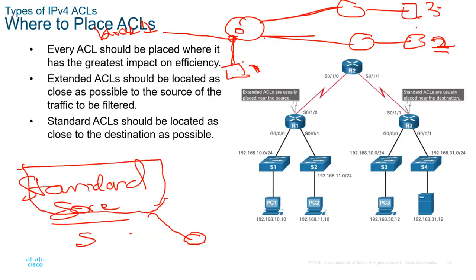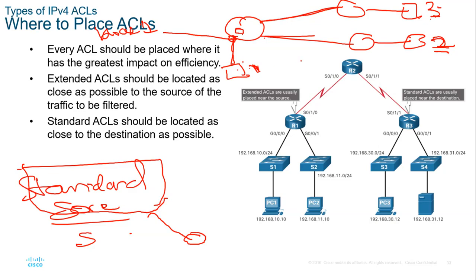It's PC3 that is not supposed to be accessed by PC1. But if you attach it here, then beyond this network, PC1 won't be allowed to reach those networks.